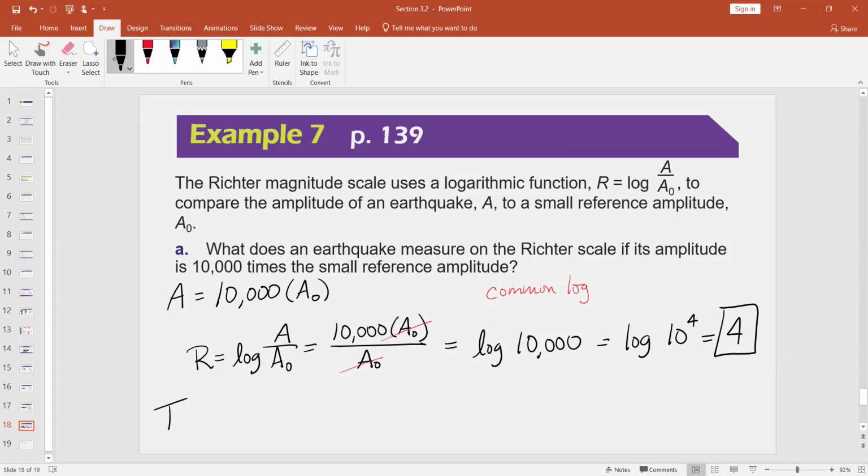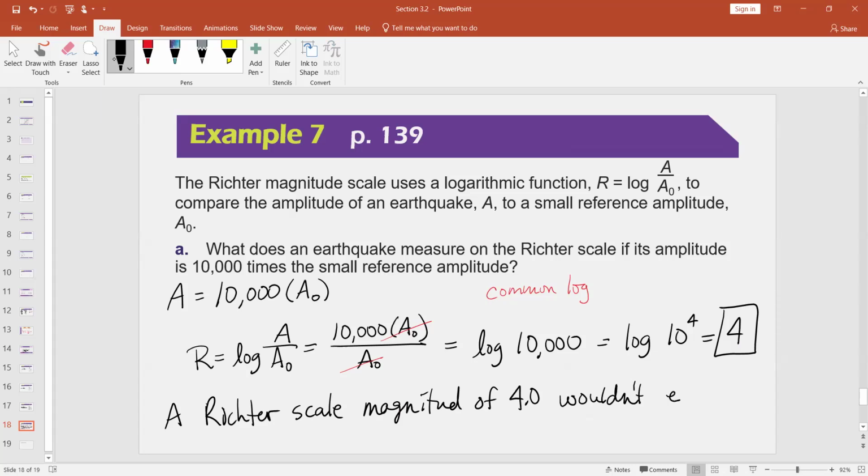So if we think about this though, a Richter scale magnitude of 4.0 wouldn't even be felt by most people, despite being 10,000 times more than the reference amplitude.